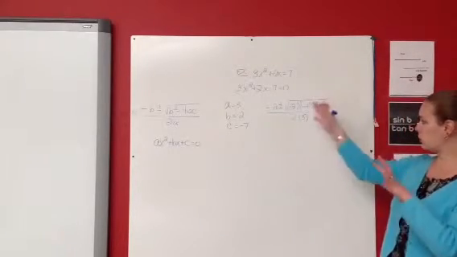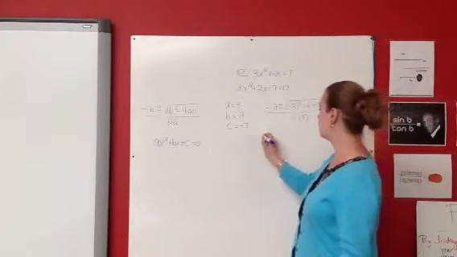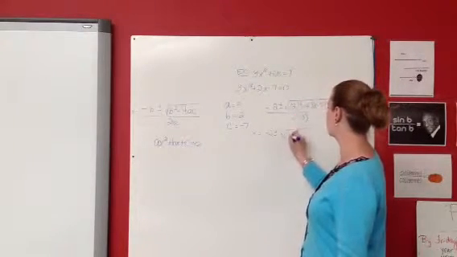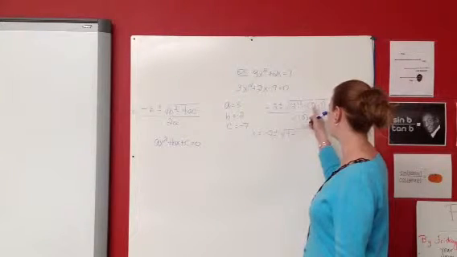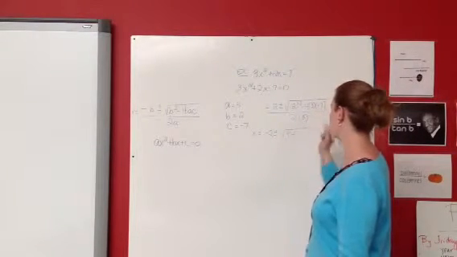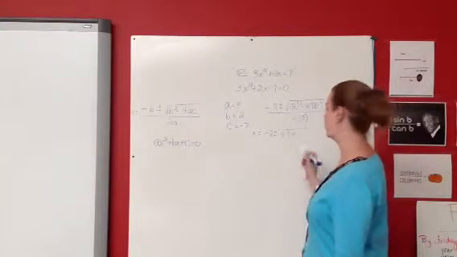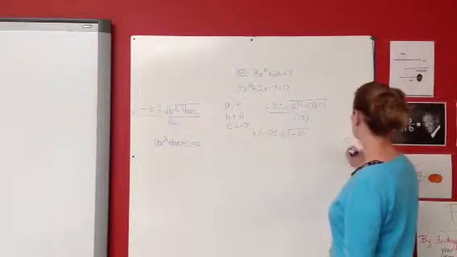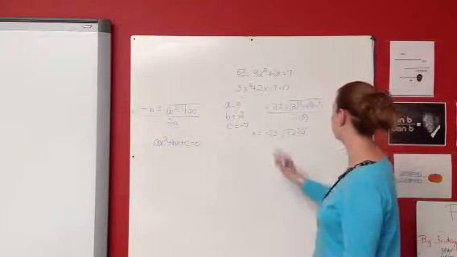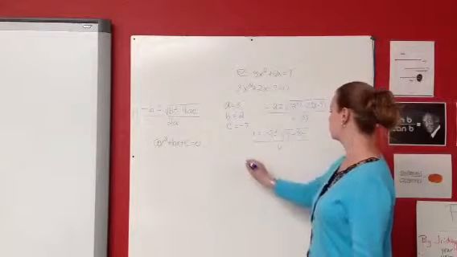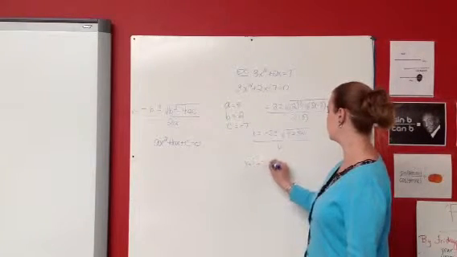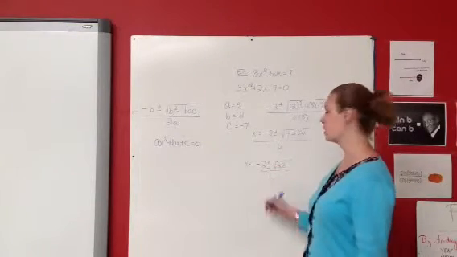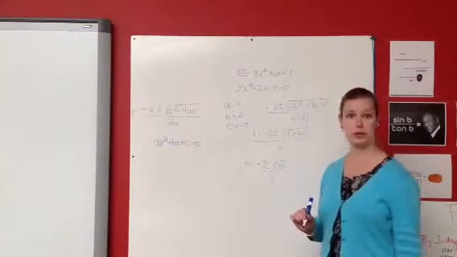At this point, you just start working under the root sign. So now we have negative 2 plus or minus the square root of 4 plus 12 times 7, 21 times 4, 84, I think. Yeah, 84. Divided by 6. So then x is now equal to negative 2 plus or minus the square root of 88 divided by 6. And then you want to simplify your root as much as possible.